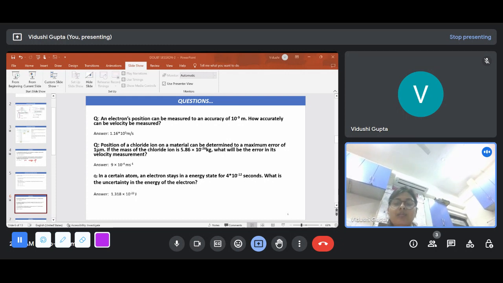So by solving it, you will calculate the value of uncertainty in momentum. So what will the value after solving this?